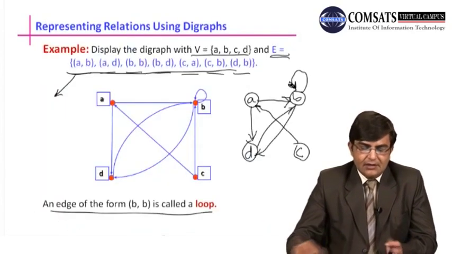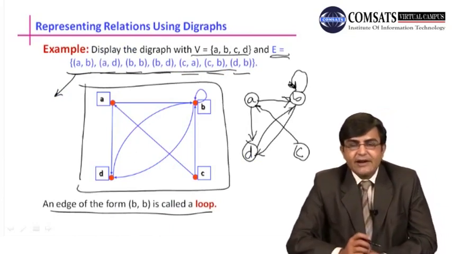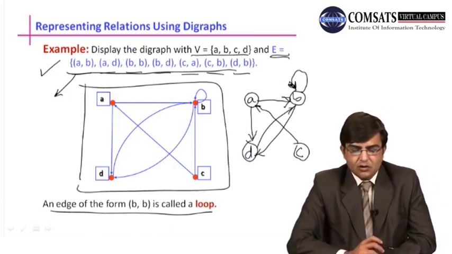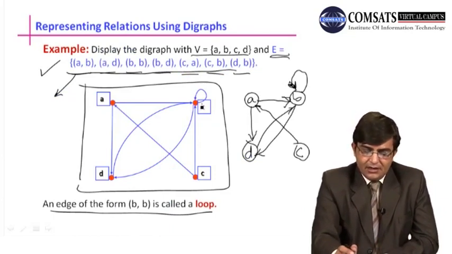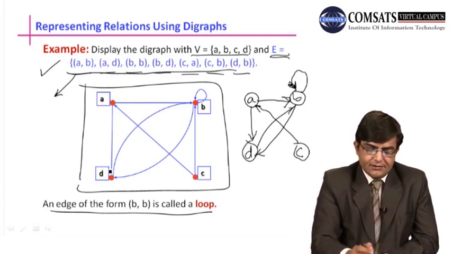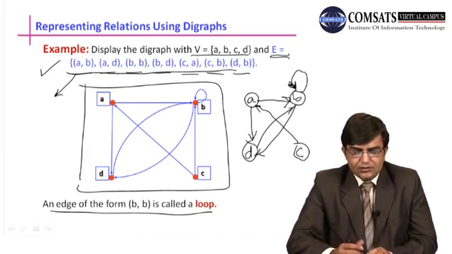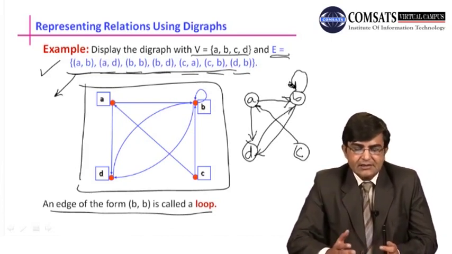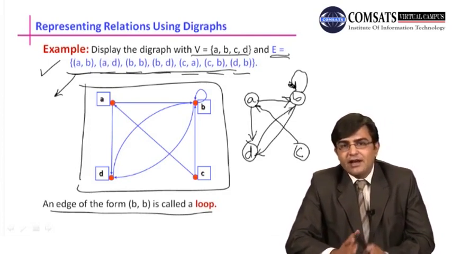As you can see here, if we are given this graph, we can easily write the given relation, because we know that A is related to B, B is related to itself B, C is related to B, C is related to A, B is related to D, D is related to B, and by watching arrows and elements, vertices and edges of the digraph, we can write the relation from the digraph.